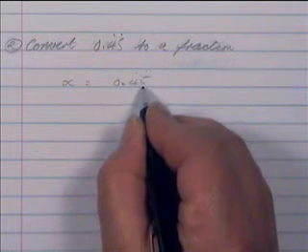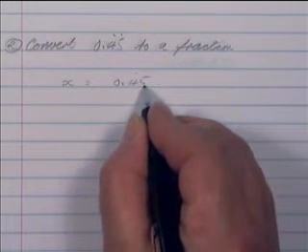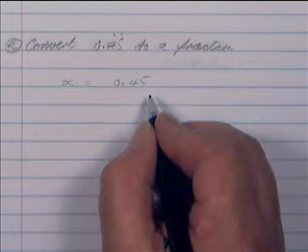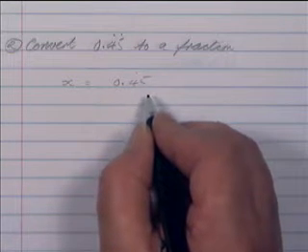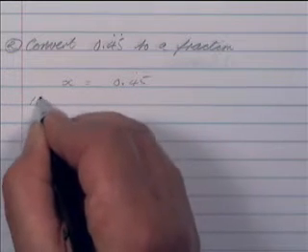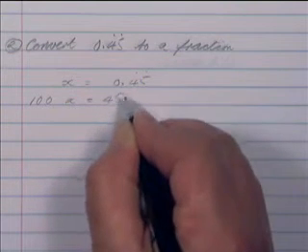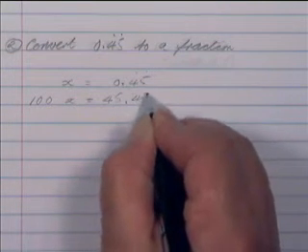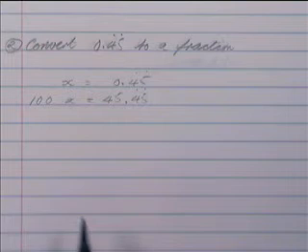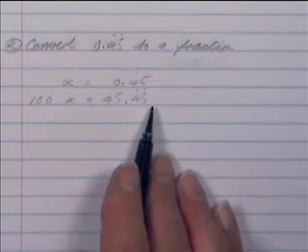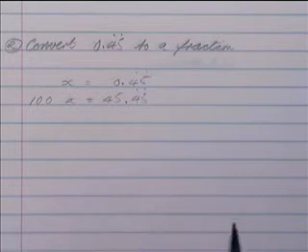Now here I've got two digits that are recurring, so I'm going to multiply by 10 to the power of 2, which is of course 100. So 100x equals 45.45 recurring. Do you notice, by the way, how I lay this out to make my life quite easy?